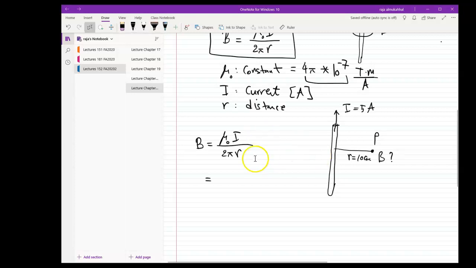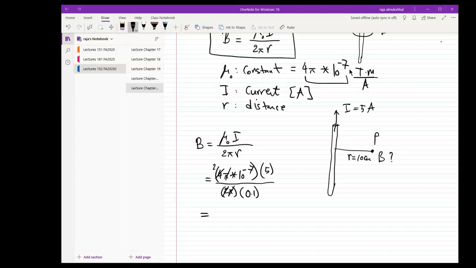So mu naught, as you can see here, is 4 pi times 10 to the negative 7, times the current, which is 5 given to us, divided by 2 pi times r, which is 10 centimeters, which makes it 0.1 meter, correct? Of course, the pi's will cancel out. As you can see, the 4 and 2, you'll get 2 here.